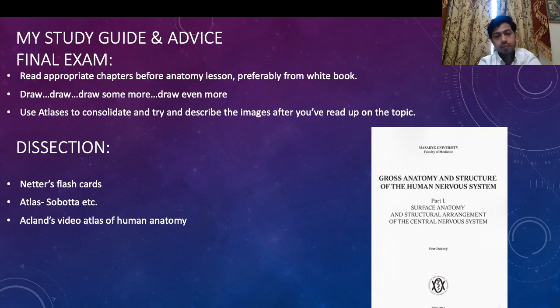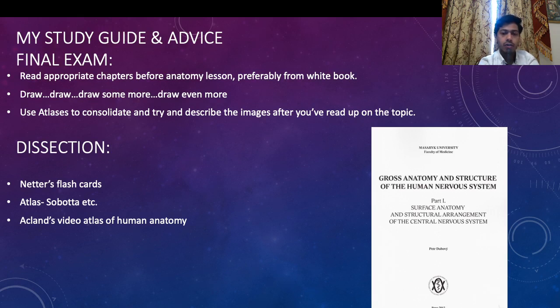What I did, which was very helpful when I was doing my anatomy exams, was to describe the image, perhaps before you go to sleep or in the morning, after you've read the topic. So let's say you've read the spinal cord and all of the plexuses.